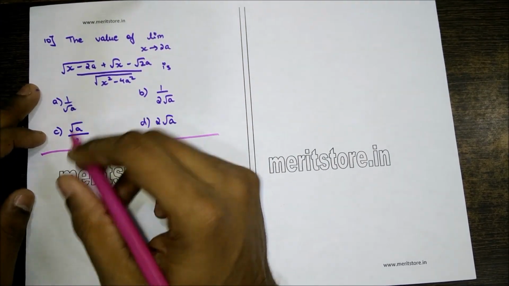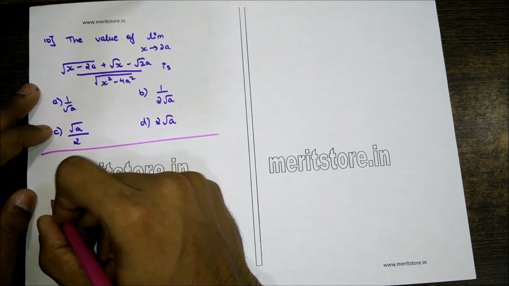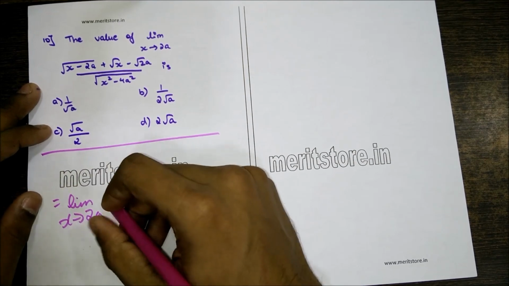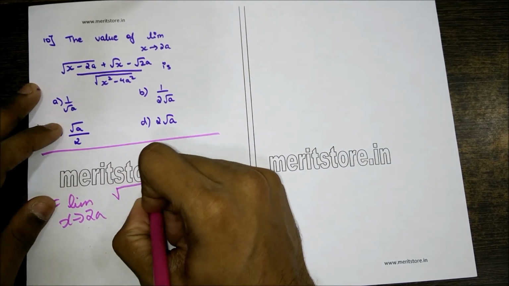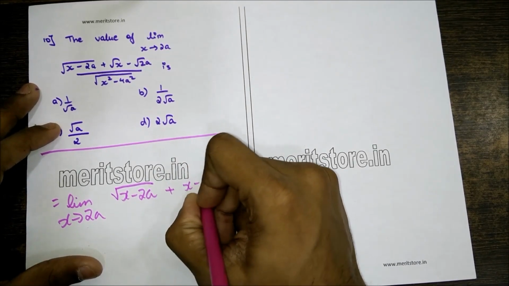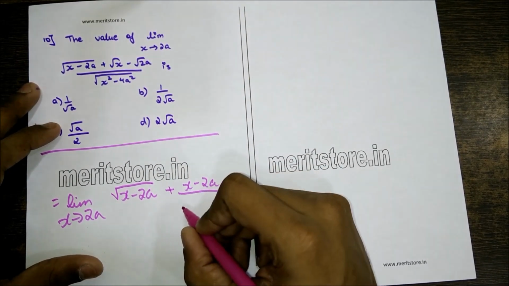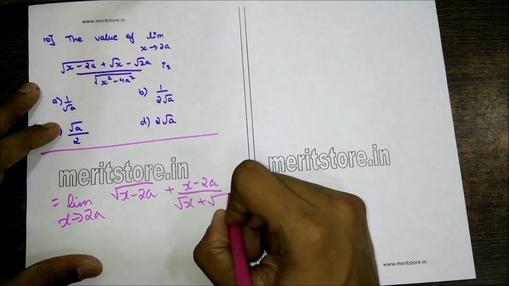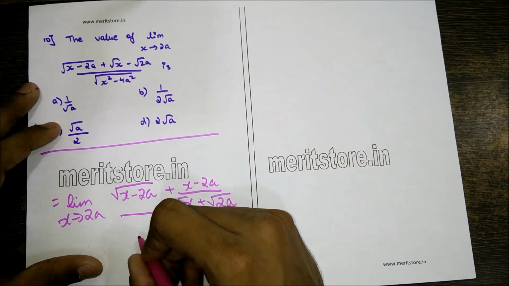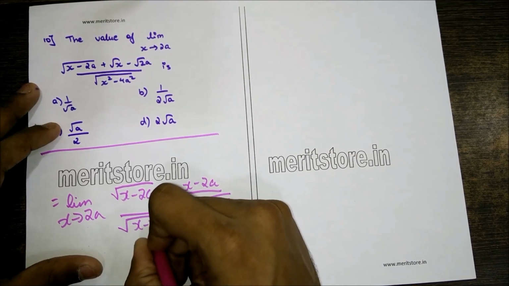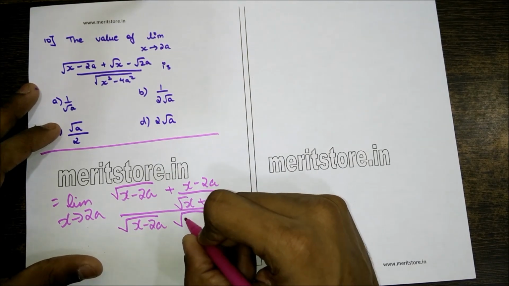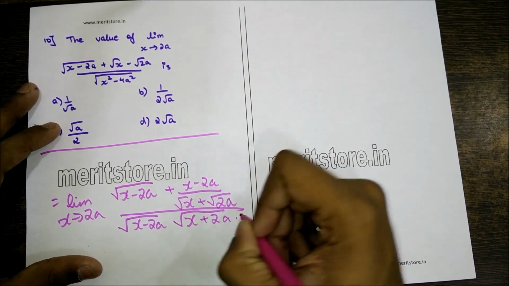So therefore we could write the numerator as limit of x tends to 2a root of x minus 2a plus x minus 2a upon root x plus root of 2a upon the denominator in its expanded form, x minus 2a the whole root upon into root of x plus 2a.